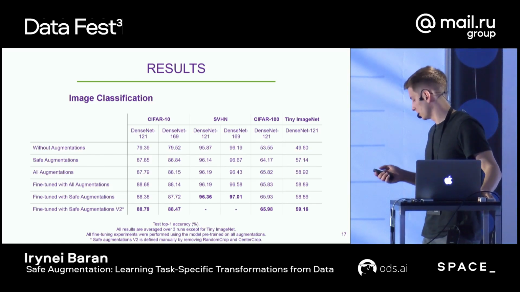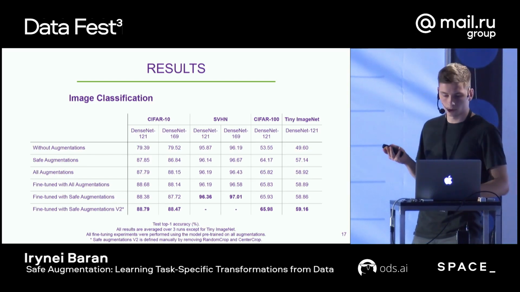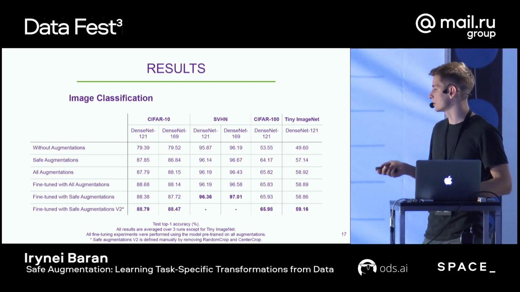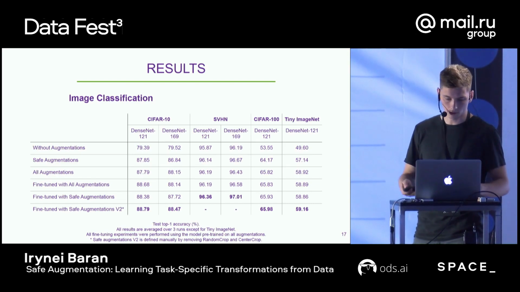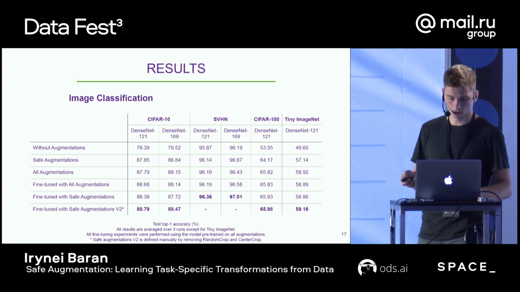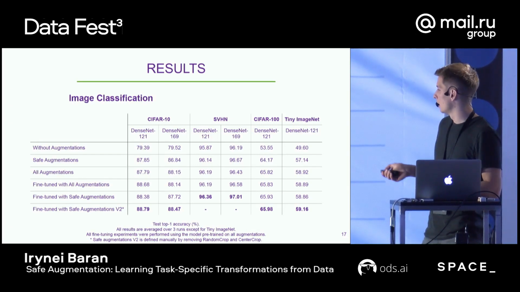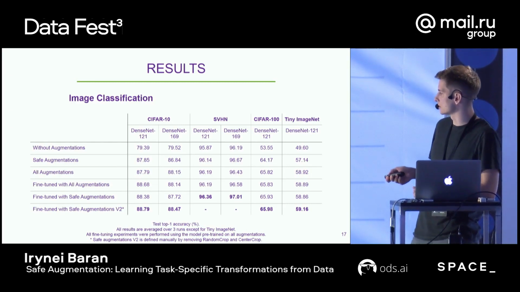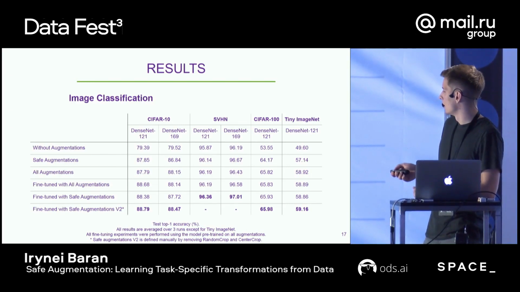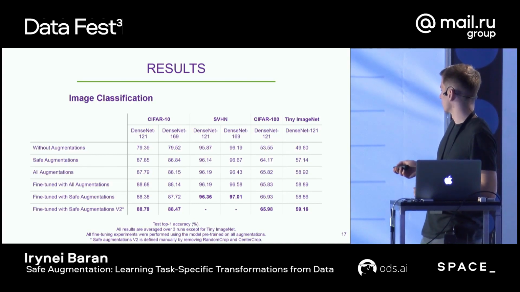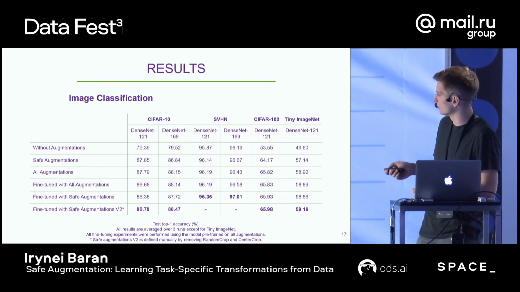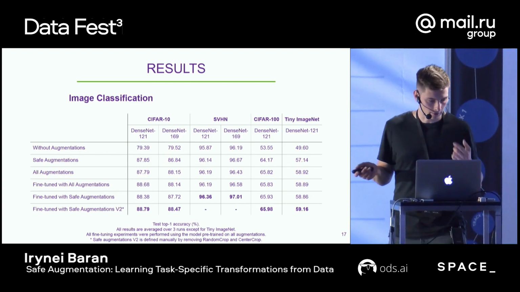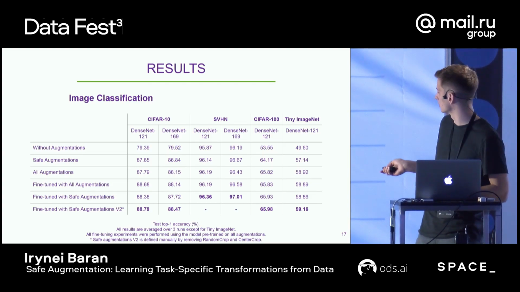It is defined manually by removing two of the 3 crops, as I said, because we cannot take into account the impact of different augmentations on each other. You can see that pre-training on all augmentations and fine-tuning on safe leads to the best accuracy on all data sets, compared to different tries with different subsets of augmentations.